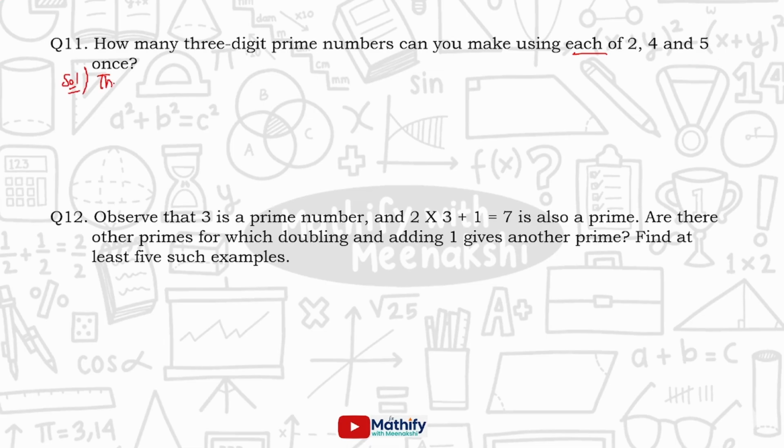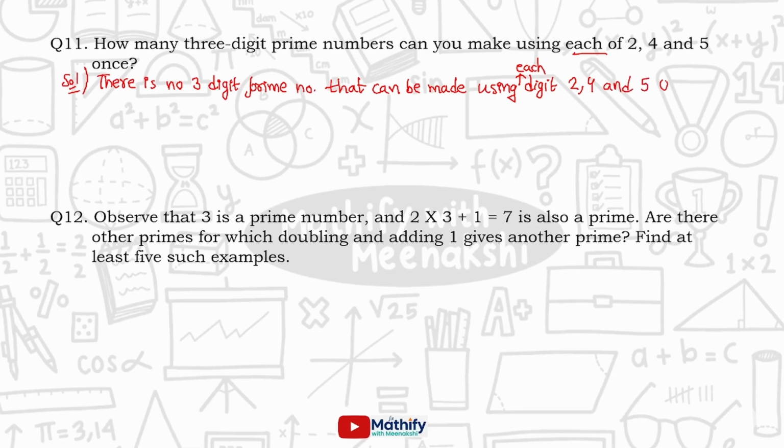There is no 3-digit prime number that can be made using each digit 2, 4 and 5 once. And why is it so?